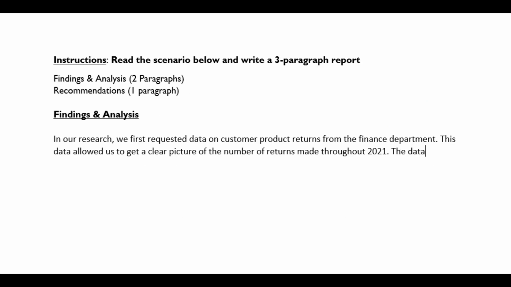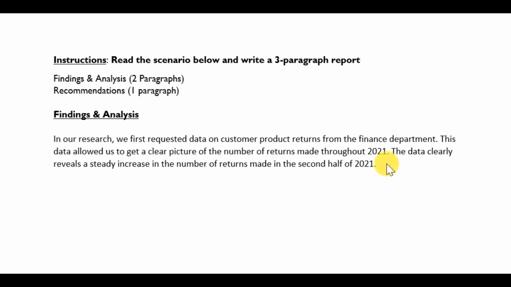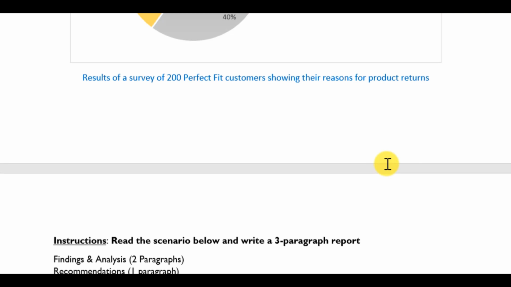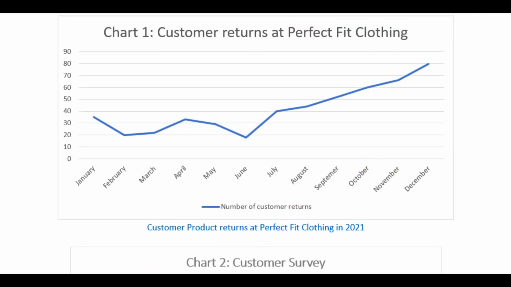So, the data clearly shows, now I could use a word like shows, or I could use a more professional and academic word like reveals, a steady increase, right, in the number of returns made in the second half of 2021. Full stop. Now, that's the general pattern from the chart, but we should also give some specific details.